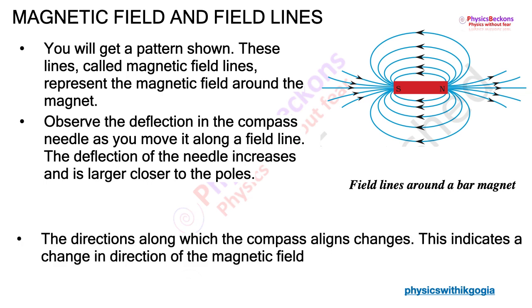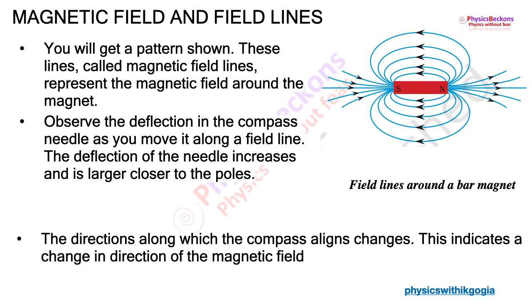See, if you observe the deflection in the compass needle as you move away from the magnet, you will see that the deflection of the compass needle is larger near the pole and lesser as you move away from the poles.